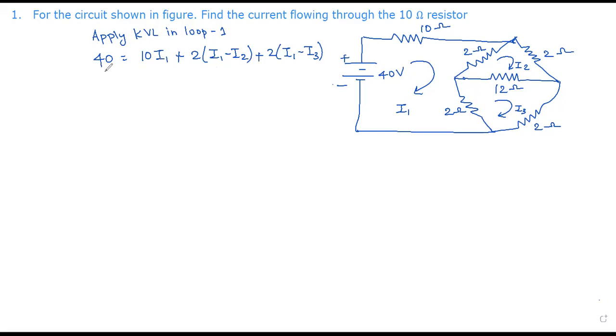So 40 equals 10 I1 plus 2 (I1 minus I2) plus 2 (I1 minus I3).